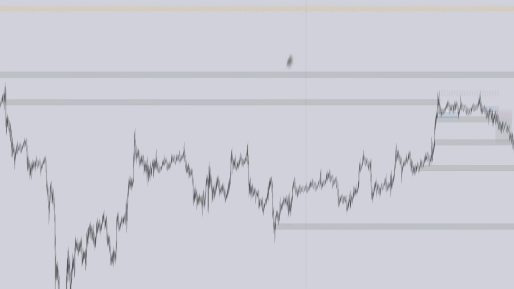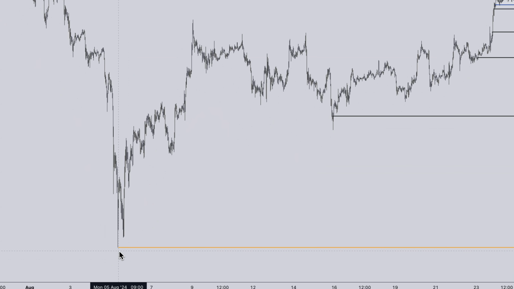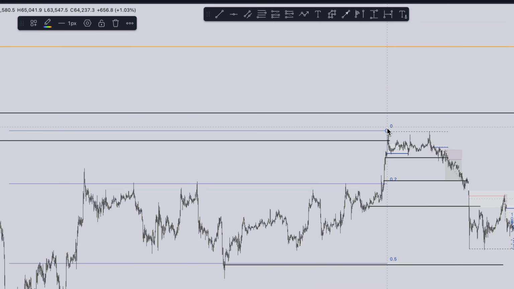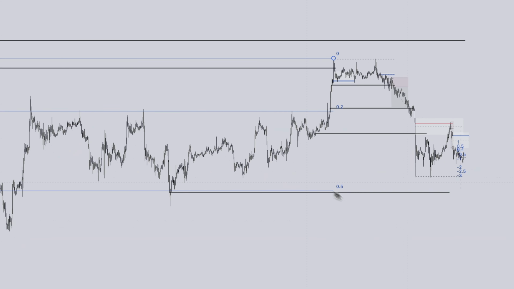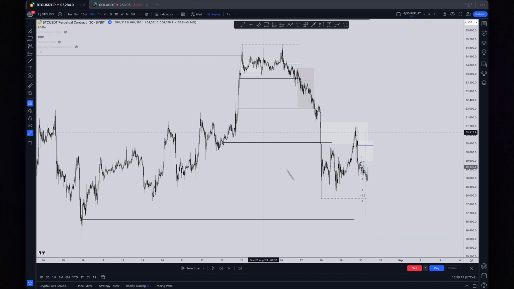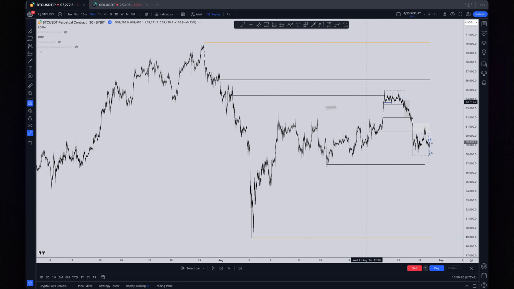We also should be wary of this. Wow, okay. So this level coincides with the EQ of the previous swing that we're now trading within.